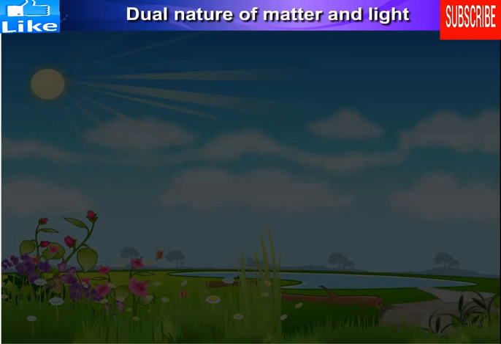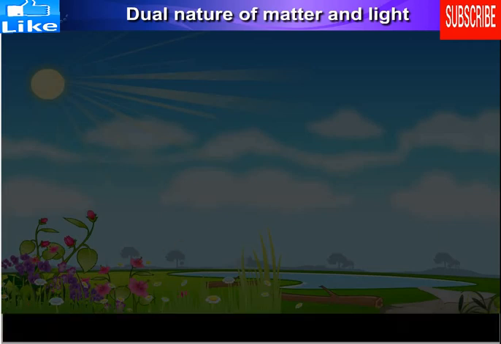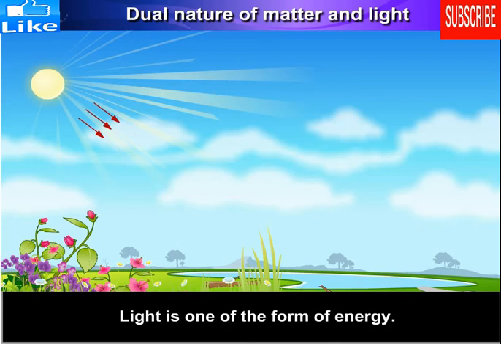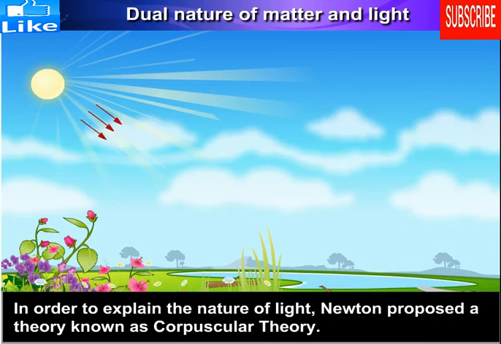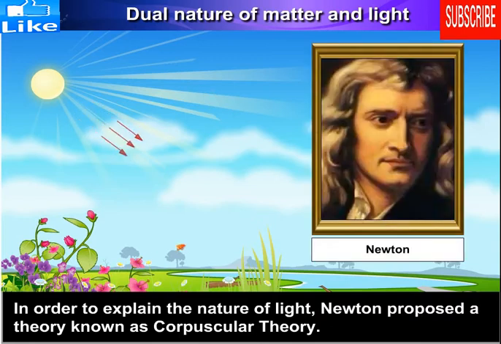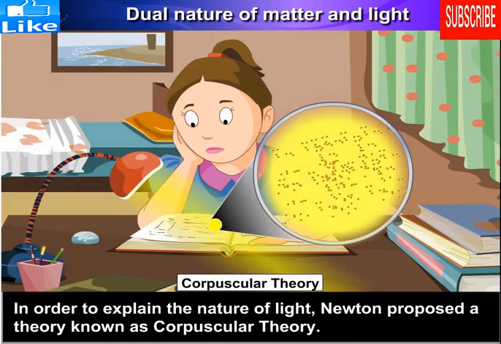Dual nature of matter and light. Nature of light. Light is one of the forms of energy. In order to explain the nature of light, Newton proposed a theory known as corpuscular theory.